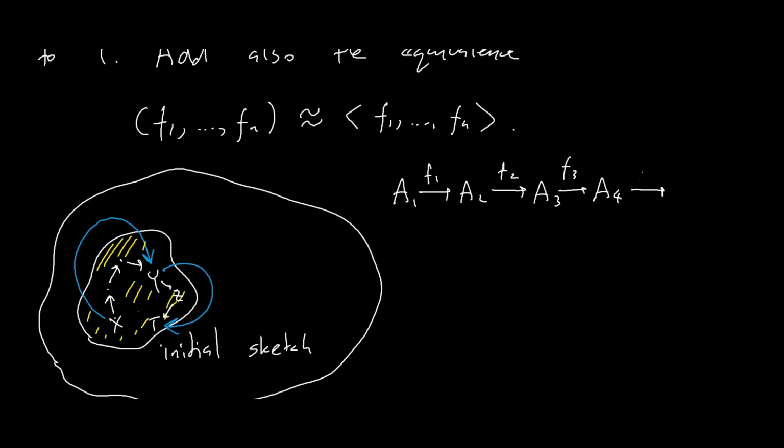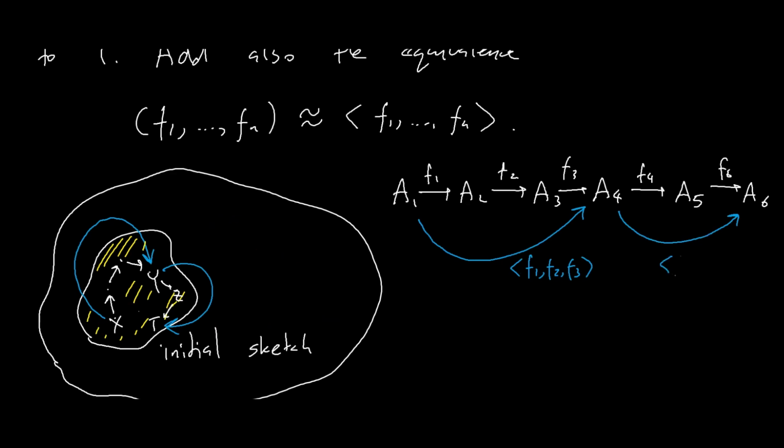So then I have, let's say, F4 going to A5 and F5 going to A6. So I would have added a single morphism here, which is now the path F1, F2, F3 turned into a morphism, right? I would have also added something here, which is the path F4, F5 turned into a morphism.